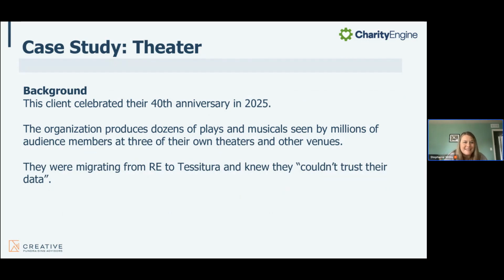It's a great theater, and the real reason they needed help was that they were migrating from Raiser's Edge to Tessitura, and their literal statement was, we can't trust our data. That to me can mean so many different things. So this is painting the scene of how do I diagnose what's wrong? Where do you focus time?